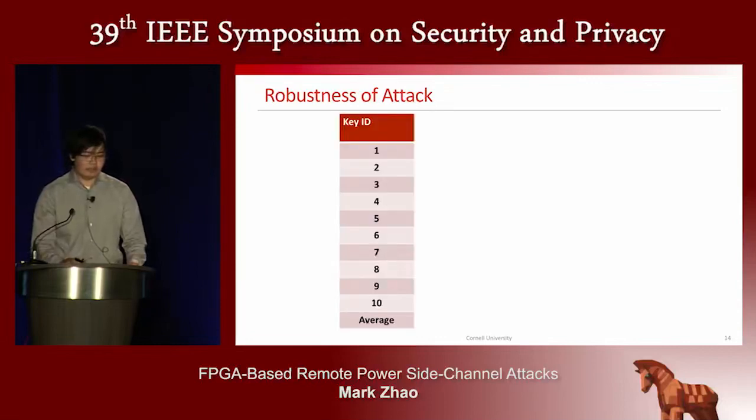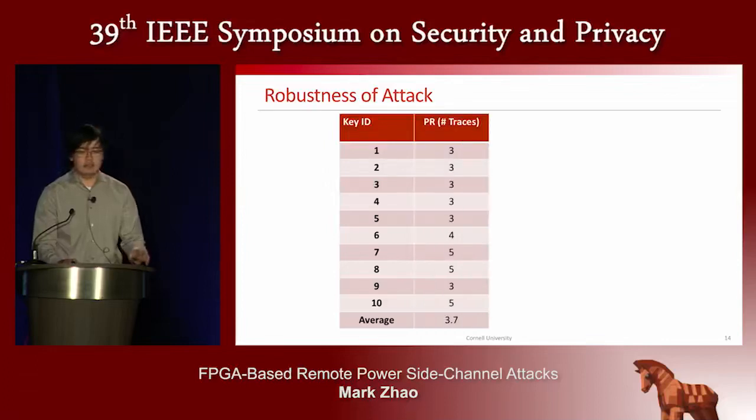As you can see in our paper, we run 10 1024-bit keys through our RSA decryption engine, and we record and automate a SPA attack on each key. With our baseline case, where we have control over the placement and routing of our ring oscillators, it takes on average 3.7 traces to recover all 1024 bits of all 10 keys.